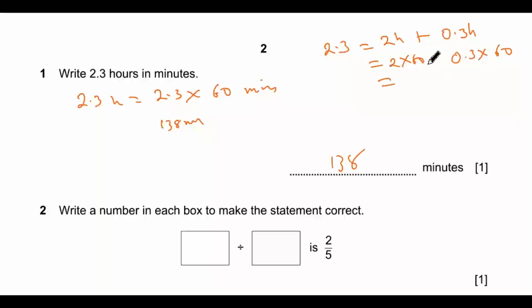Of course, 2 times 60 will give you 120 minutes, then 0.3 times 60 will give you 18. If you add them together, this will be 138 minutes. For students that are below average, this can easily help them. So let's go to question 2.